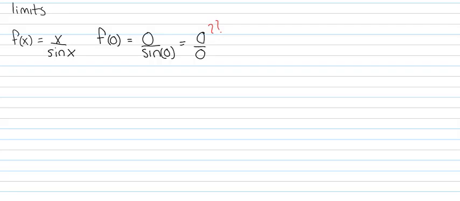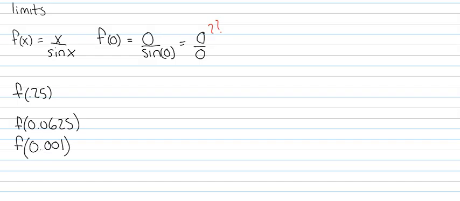But what we can do is look at values of f that are close to 0 and see if they appear to be approaching some number, some limit. So let's try looking at that. Let's look at f of 0.25, f of 0.0625, and f of 0.001. So these are numbers that are getting closer and closer to 0.